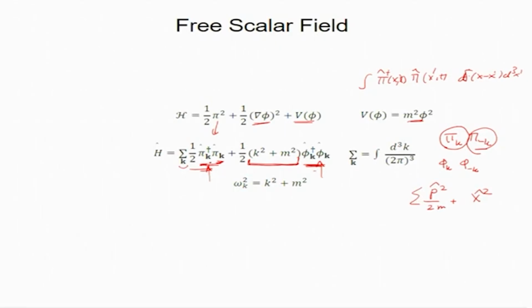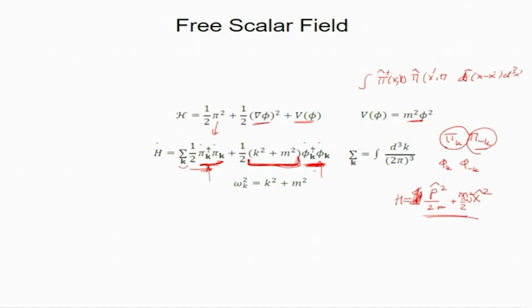The first thing here is p squared, and this is x squared. Well, you should put omega squared, half m omega squared k squared. So you make m equal to 1, and this is omega squared. This is for a single oscillator, no sum. This is the Hamiltonian for an oscillator.